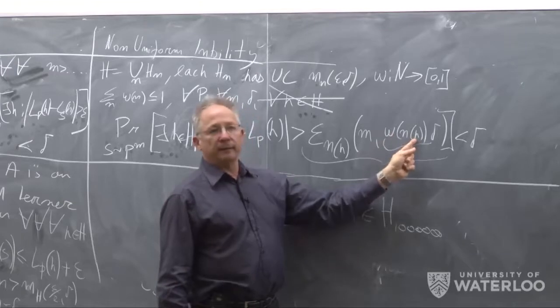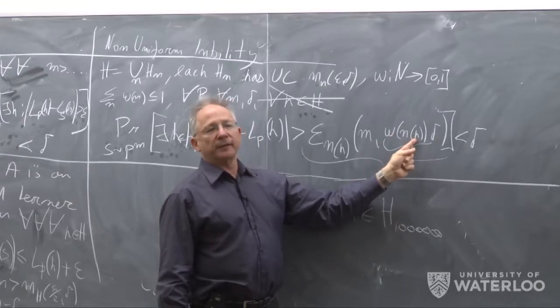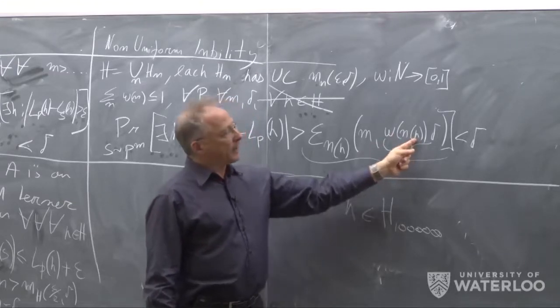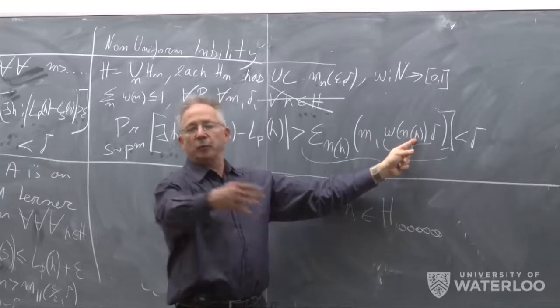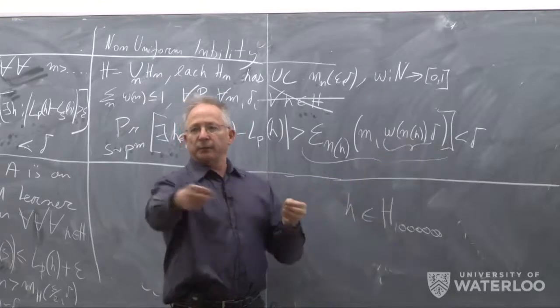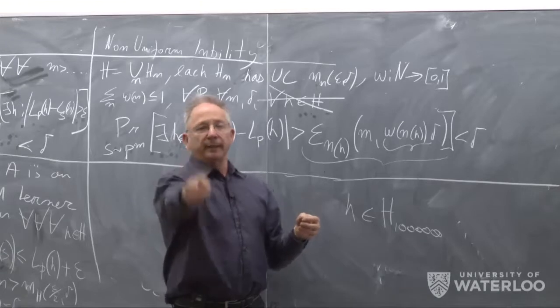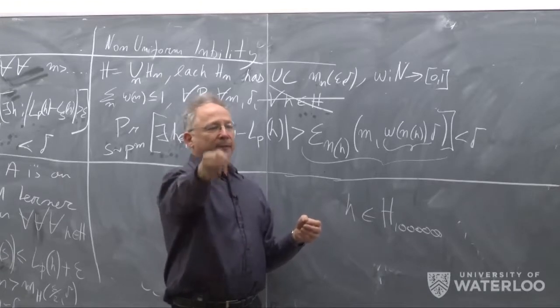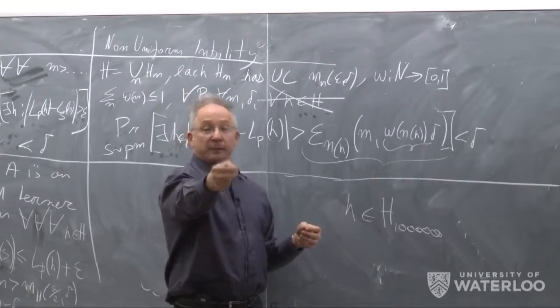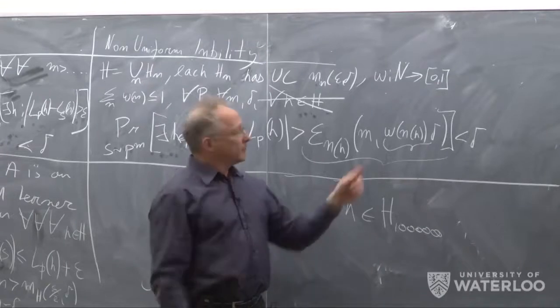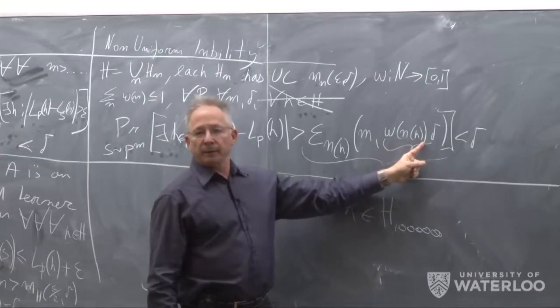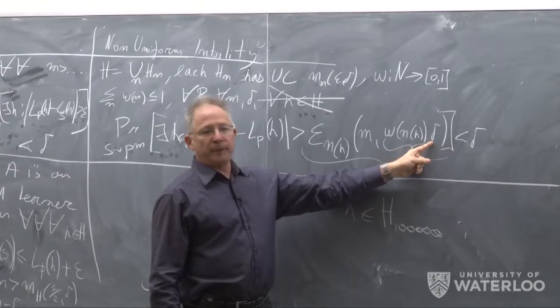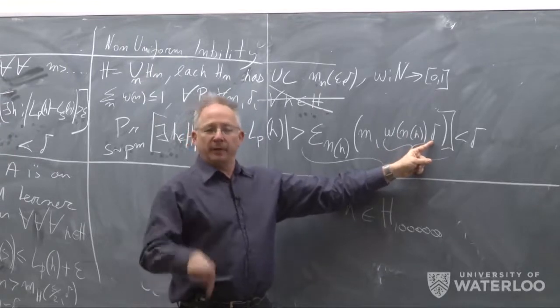W of this n is going to be a very small number, because the w's of all the n's should sum up to 1. If I have a sequence of numbers that sums up to 1, then high members in this sequence must be very small. So this is going to be a very small number. When I multiply delta by a very small number, I get an even smaller number.